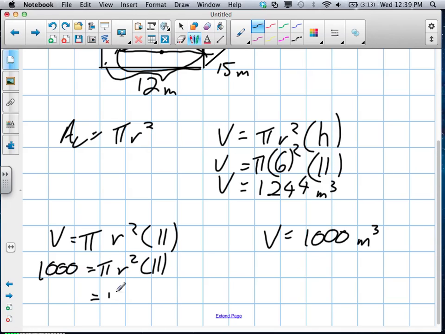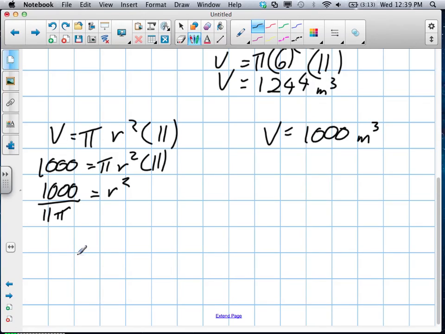R squared is going to be equal to 1,000 divided by 11 pi. And we're going to root whatever that is. Let's figure that out. 1,000 divided by 11 pi, 28.9.